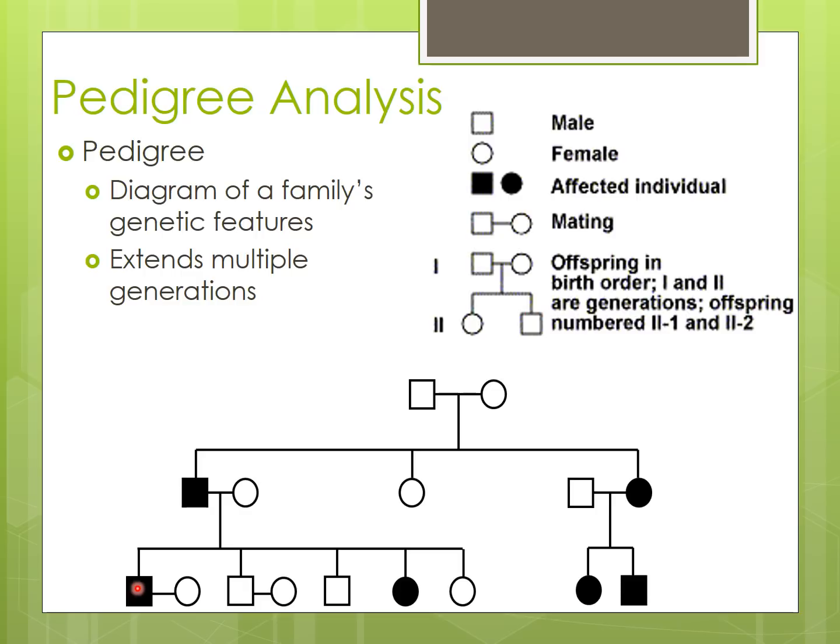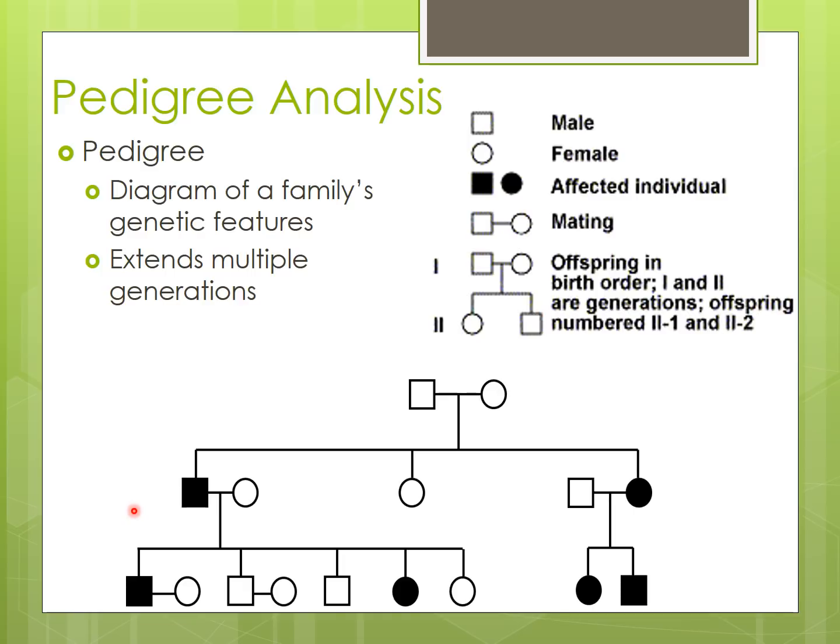And then they also have their subsequent marriages or matings, as you can see here down the line. So you have these multiple generations. Males are always squares, females are always circles, and the affected individual is always filled in.